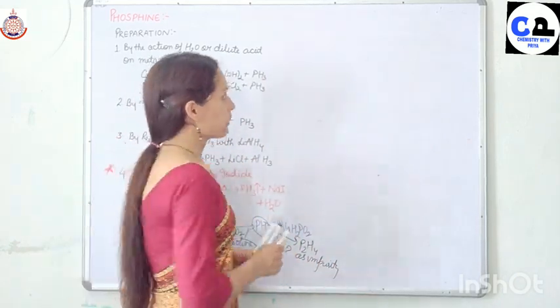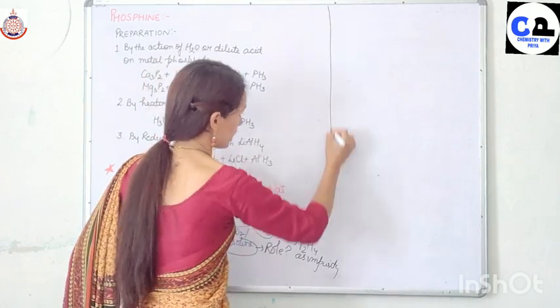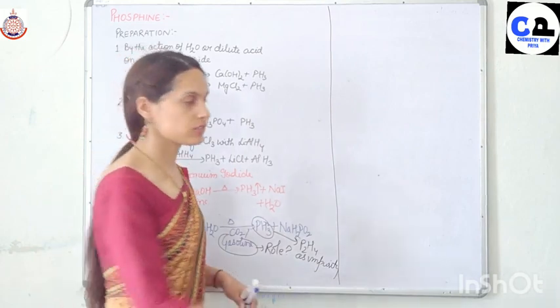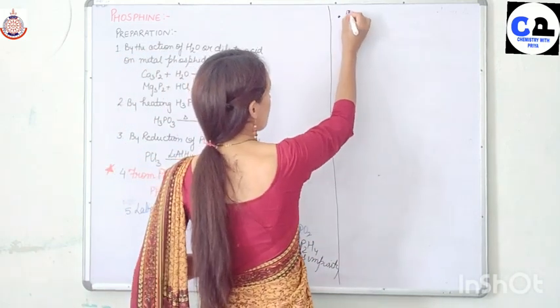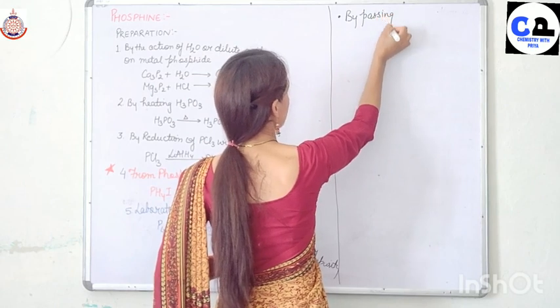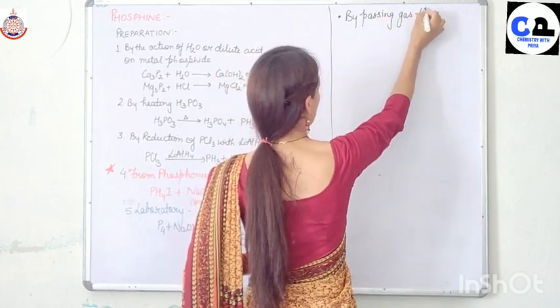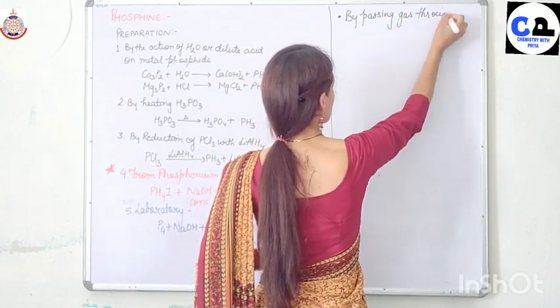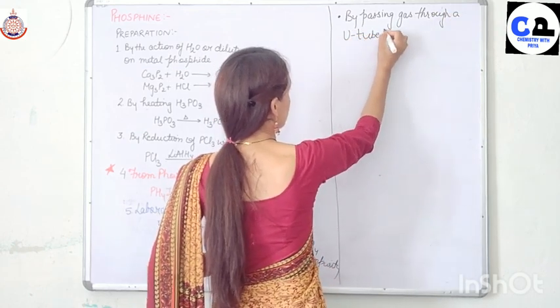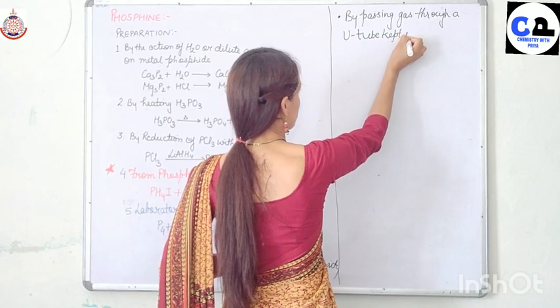Now we have two different methods for the purification of this PH3. The first method is by passing the gas through a U-tube kept in a freezing mixture.